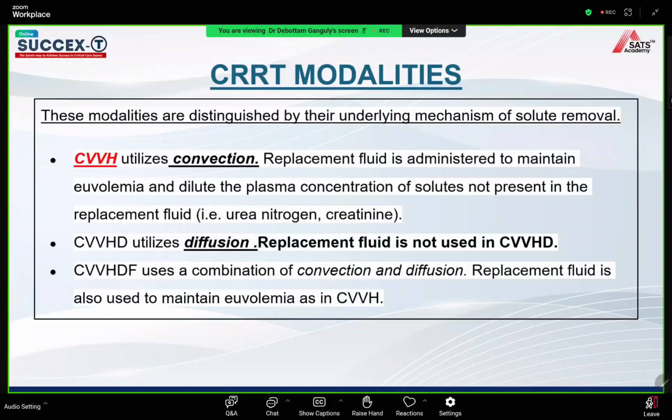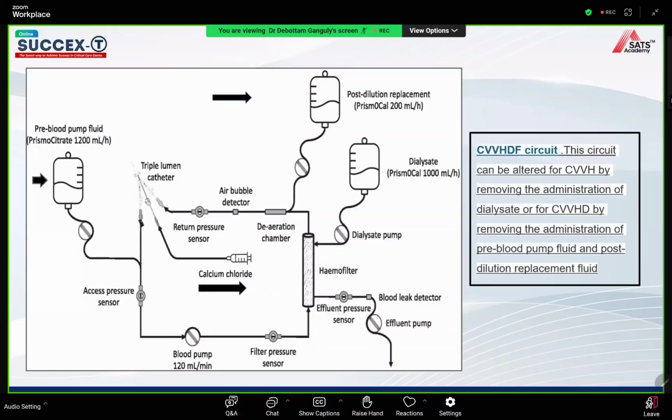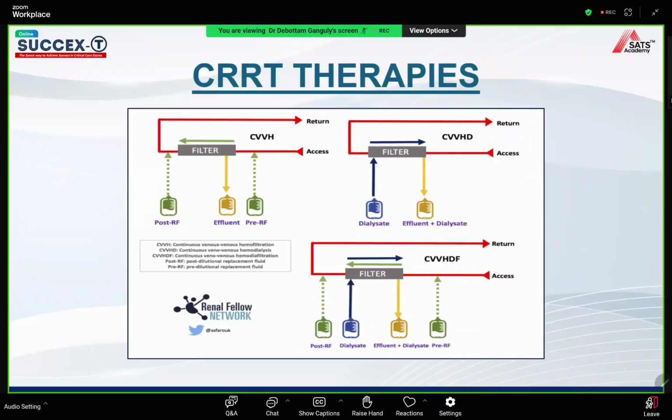So what are dialysate and what is the replacement fluid? If you go through this slide, it will be easy to understand. Now, think this way: one is the access port and one is the return port. In between the access and return port is nothing but an extracorporeal circuit with a filter.